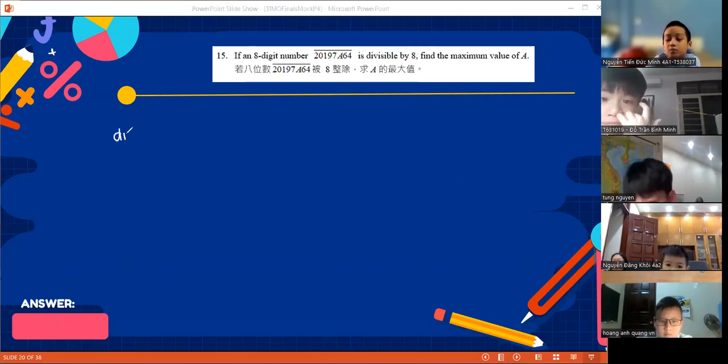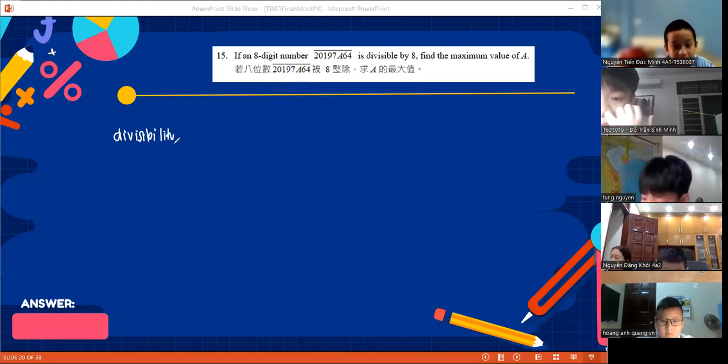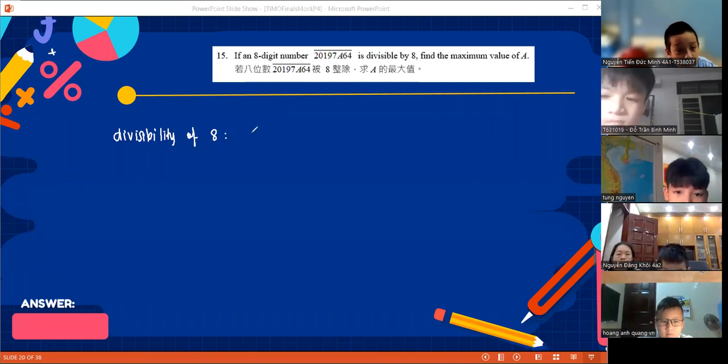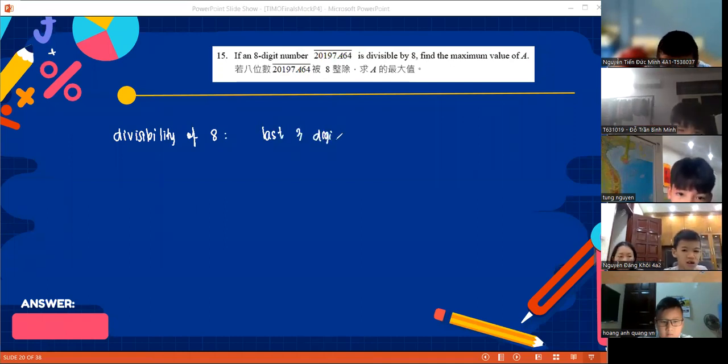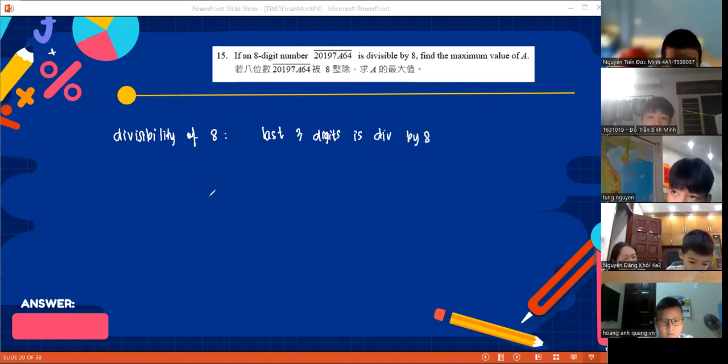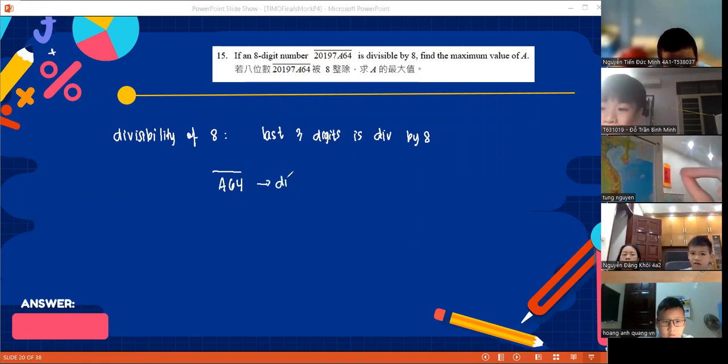So what's the divisibility rule of 8? The rule is that the last three digits must be divisible by 8, so we want A64 to be divisible by 8.